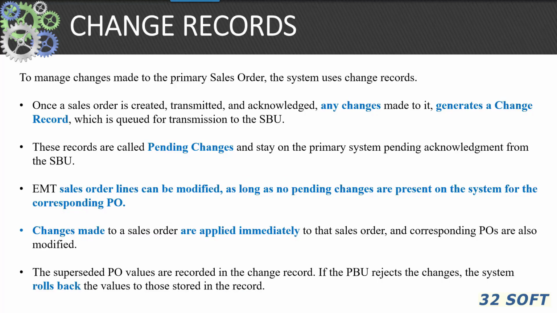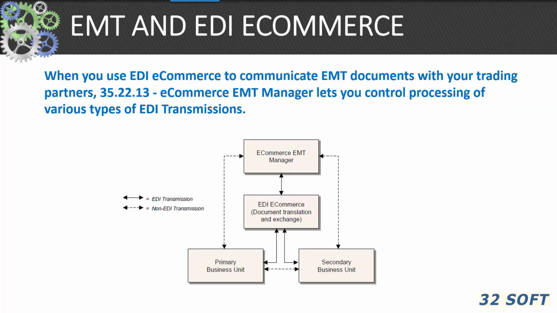Change orders: once the sales order is created, any changes made to it create basically a change record. These pending changes notify the system whether a sales order can be modified or not, depending on whether you've got a current pending change for that PO. Changes are made immediately, but there is a rollback process so that if it doesn't process, it goes back to the original.